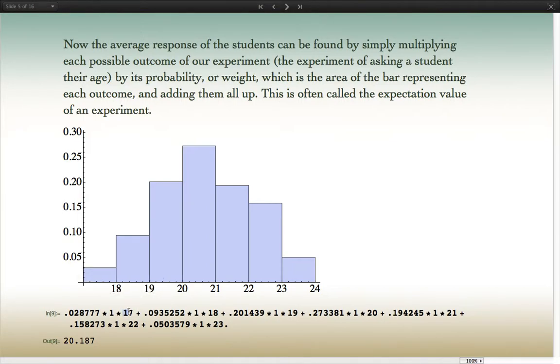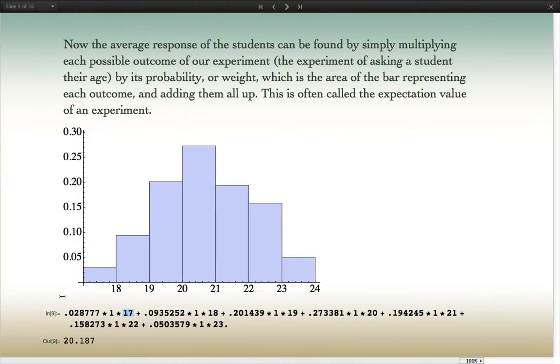So as far as getting the outcome of someone saying they're 17 years old, we look at this bar right here and we see that the height is 0.028777 and the width for all of these is just 1, right? Because when we set up our bins, so remember I talked about bins and counting how many fall within each bin, we set our bin width to just 1. So if you're 17 here, 18 there, 19 there, so it's simple. So we're just multiplying by 1 for the width for each of these.